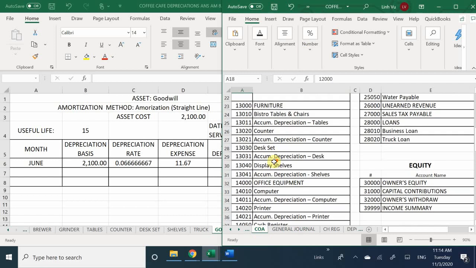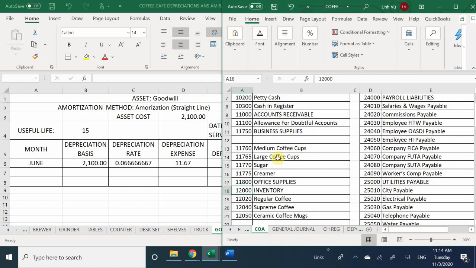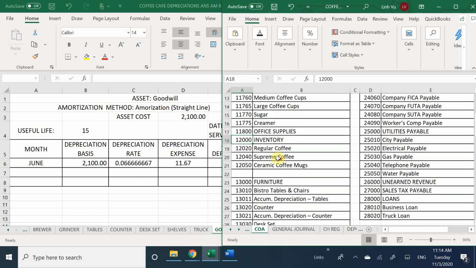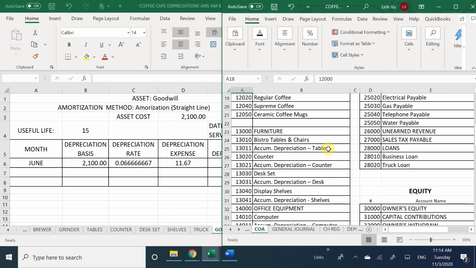How many accumulated depreciations do we have? We have 10 accounts. Yes, we have one for every single asset that we depreciated. So let's go ahead and go through each and every one.